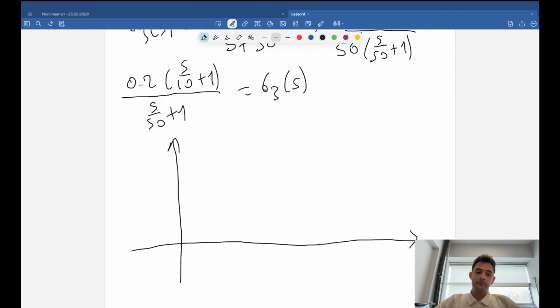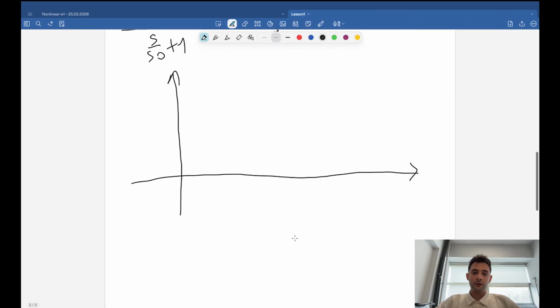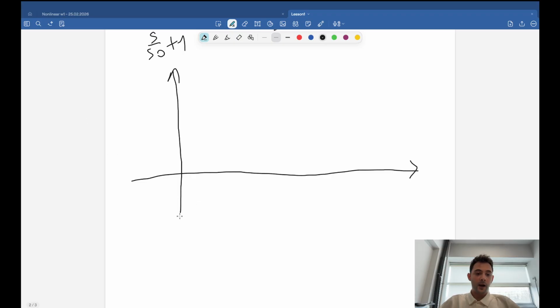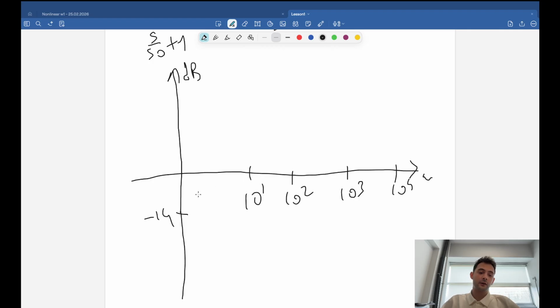So it will start from minus 14, okay? This is decibels, and this is frequency. And let's do 10 to the 4, 3, 2, 1, and here 0, okay?